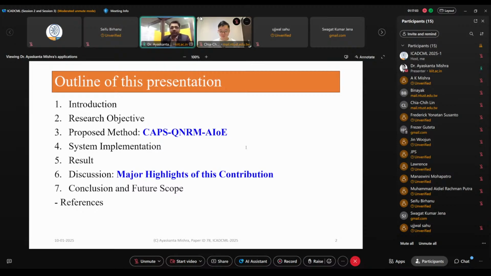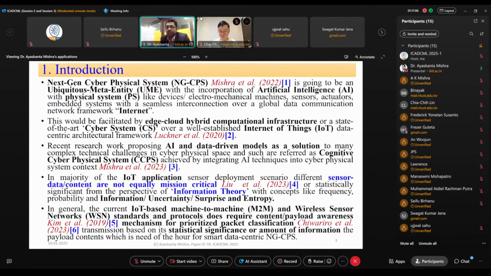As we know, the next generation cyber physical system as proposed is going to be an interconnection of multiple devices incorporating AI and the internet as a global data network framework, facilitating a cloud hybrid computational infrastructure for cyber systems over the well-established IoT, and the research work proposes an AI and data-driven model as a problem solver for many complex cognitive cyber-physical applications.